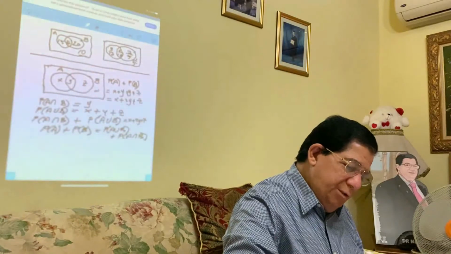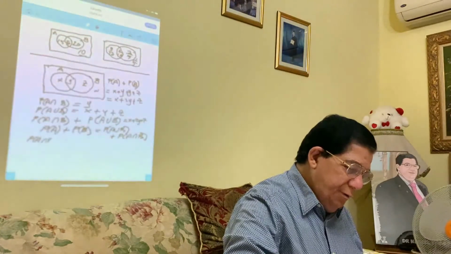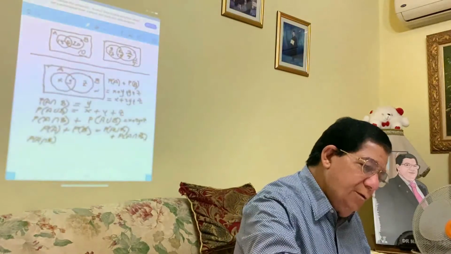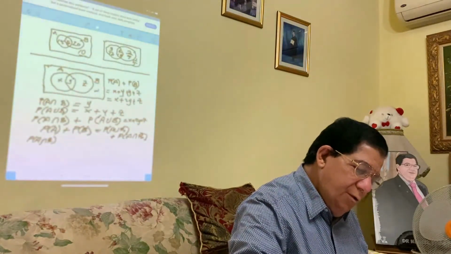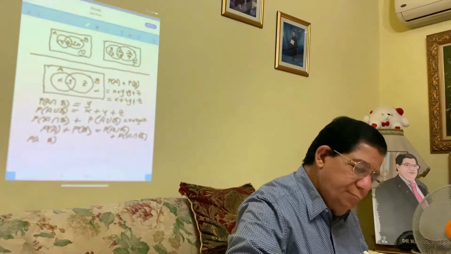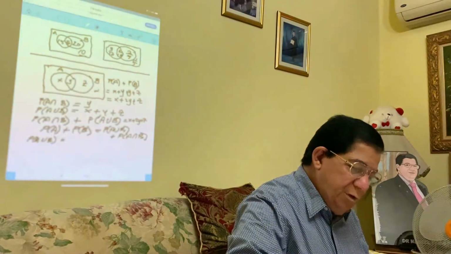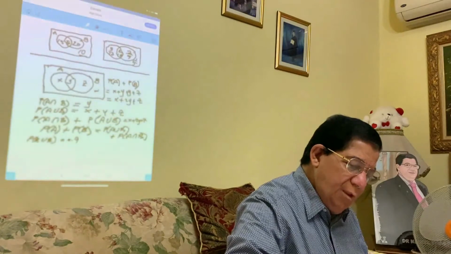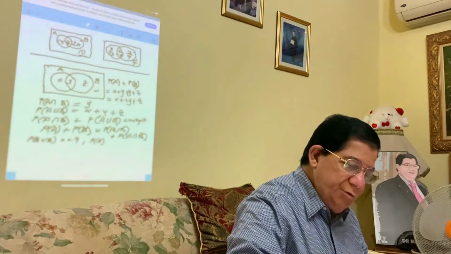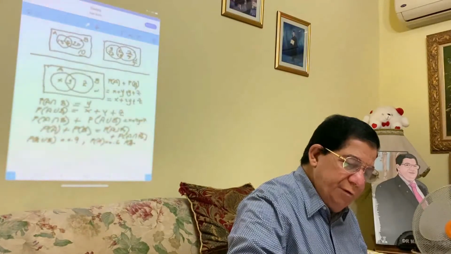It says the probability of A union B is given to be 0.9, and the probability of A is 0.6, and the probability of B is 0.7.